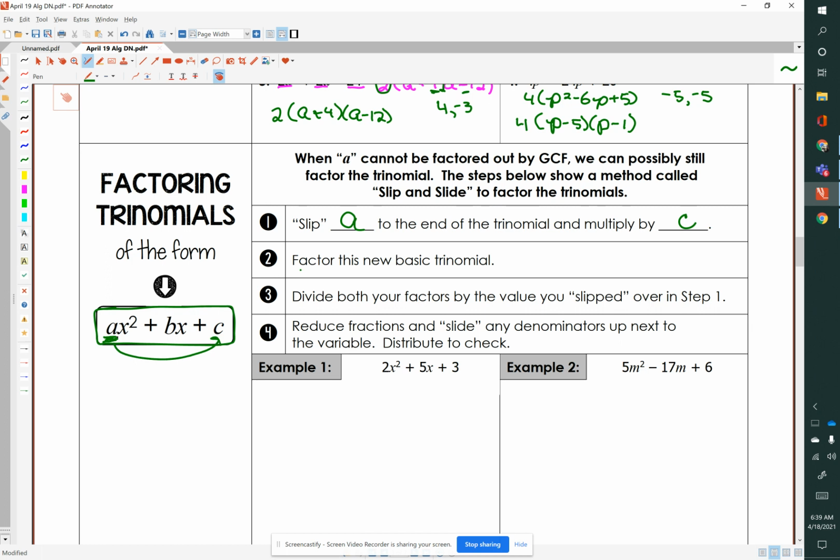Now you're going to factor the new trinomial, which no longer has that leading coefficient. And you'll factor it by finding two numbers that add to b and multiply to the c, just like we did before.